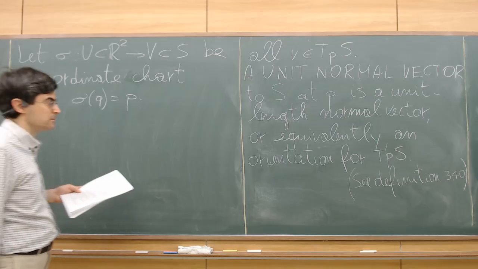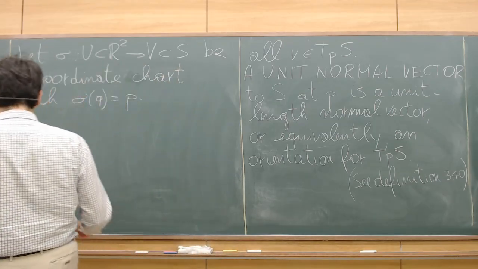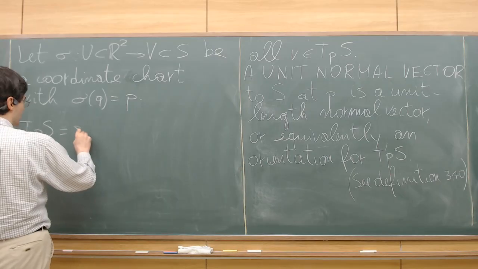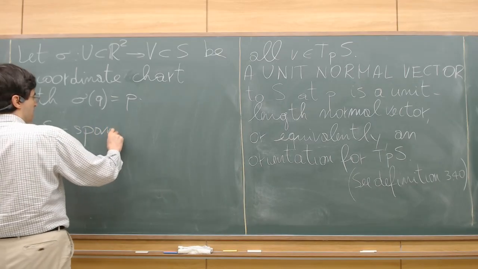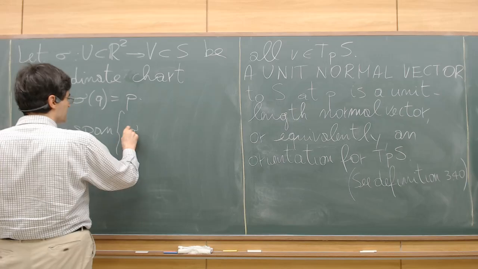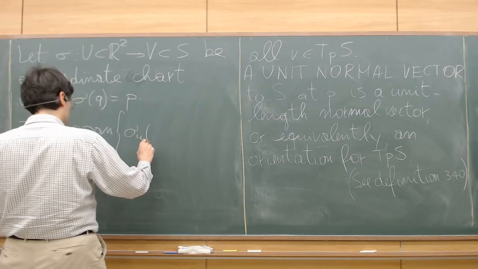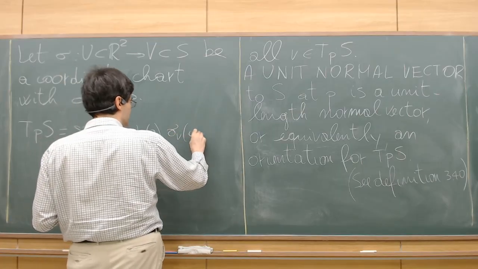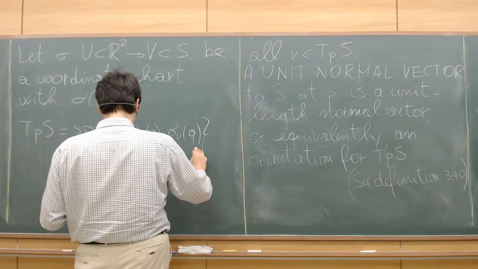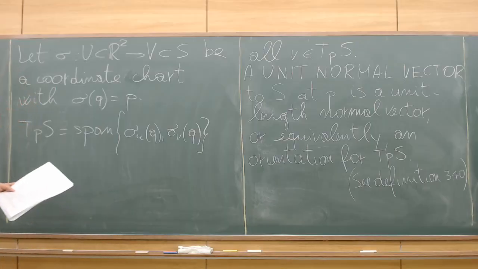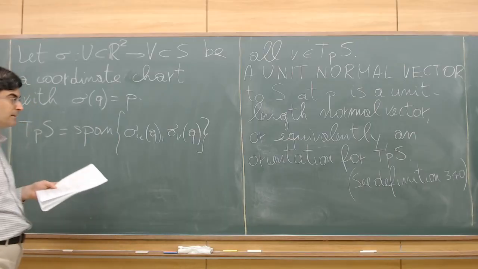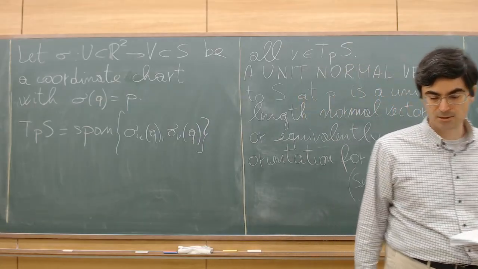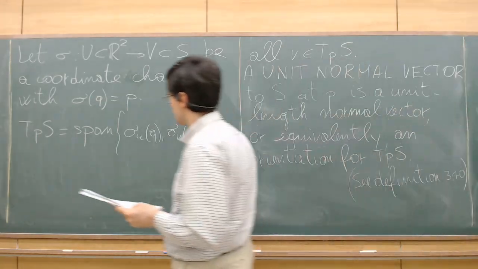We know that TPS is spanned by sigma u q and sigma v q. So the natural idea for defining a unit normal vector to the surface S at P is the following.